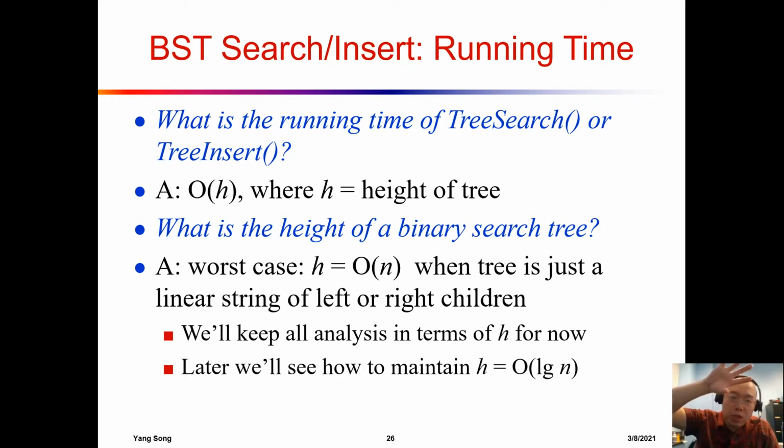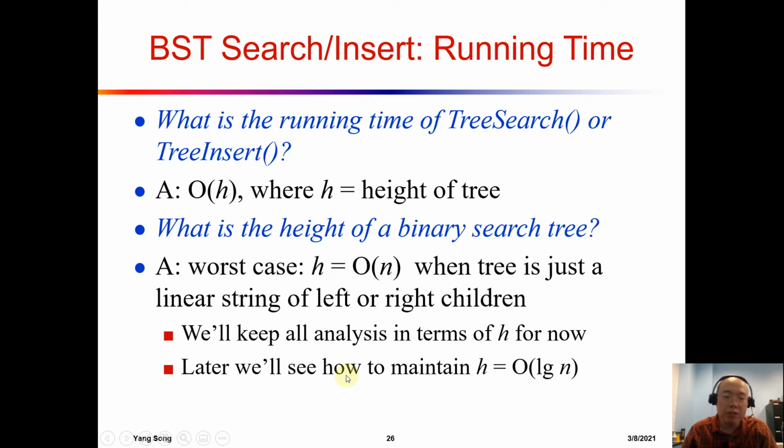So this tree only grows on one side. Even though this is a tree structure, the root only has, say, a right subtree, and in this right subtree, it only has another right subtree. In this case, the height will be exactly n. This will be the worst case.